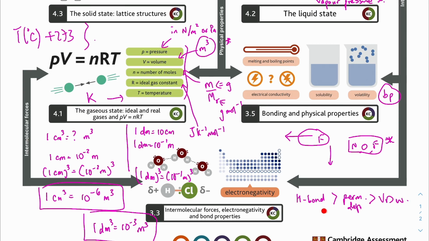This is just a general trend, and there are some cases, especially when you talk about the boiling point of HCl versus HBr versus HI, you will realize that it's actually the van der Waals that are more important than the permanent dipole, which will give you the opposite trend to what you actually see for the actual boiling point of these hydrogen halides.